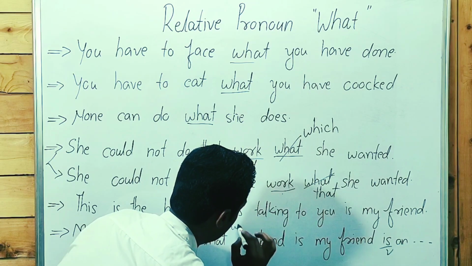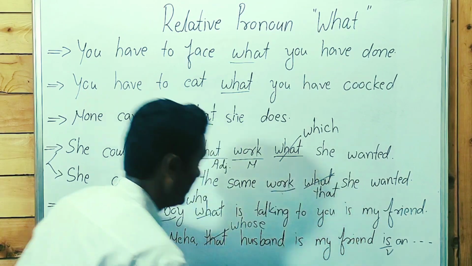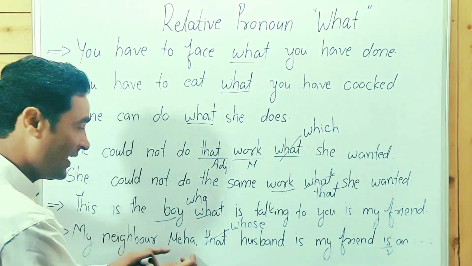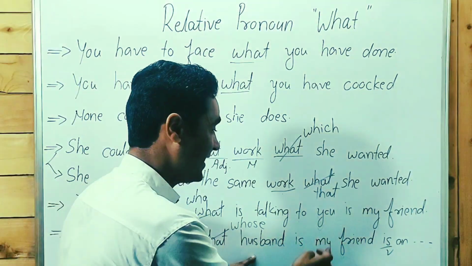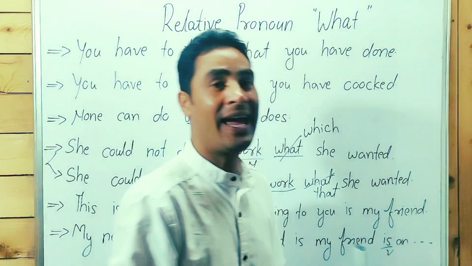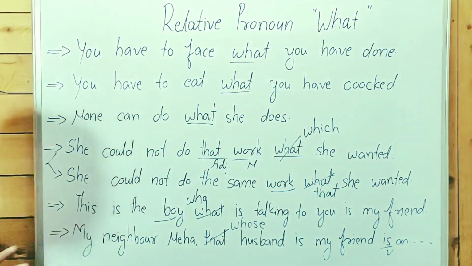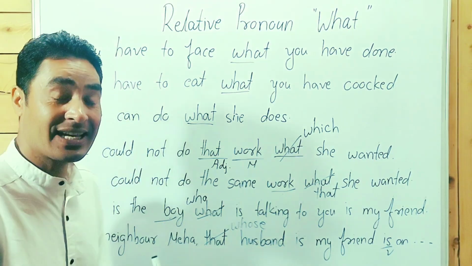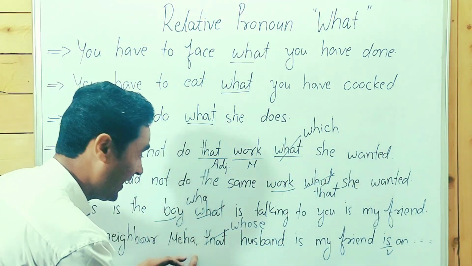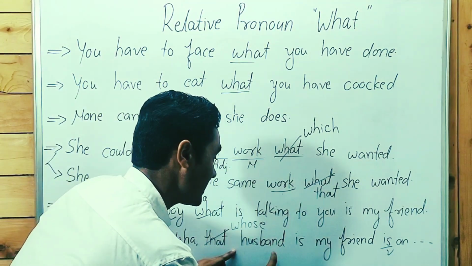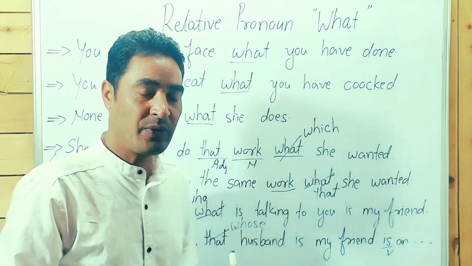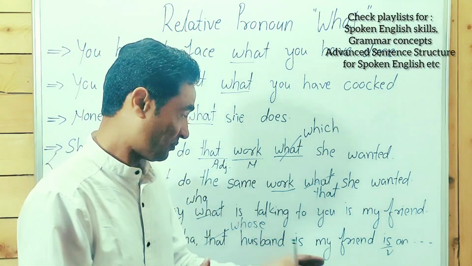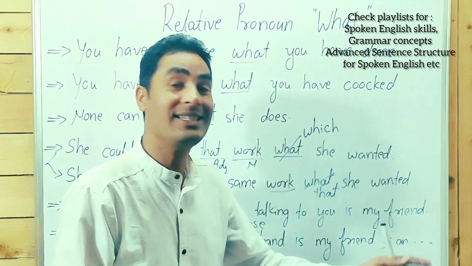To show possession, we use the relative pronoun whose. My neighbor Neha, whose husband is my friend, is an engineer. Guys, point to be noted, this sentence can be written: my neighbor Neha, the husband of whom is my friend, is an engineer.